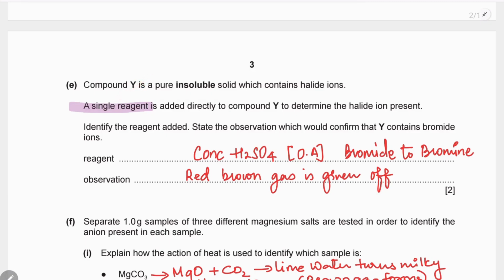So the reagent we use is concentrated H2SO4, which acts as an oxidizing agent and converts bromide to bromine. The observation will be that red-brown gas is given off, which is 2 marks. So we have to first specify what kind of reagent we are going to use and in what condition. If they are asking for a single reagent, you will write concentrated H2SO4. If they are asking for a reagent which you are going to use, then we can use silver nitrate.